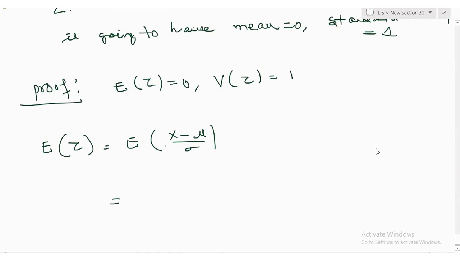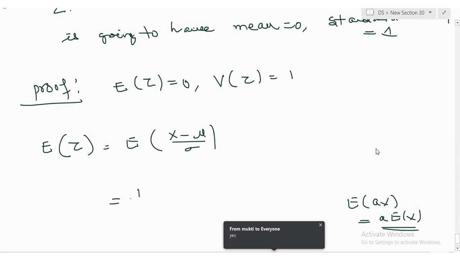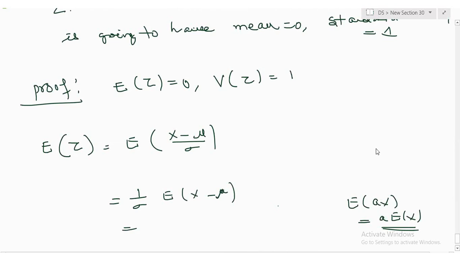So, what is this formula? E of Ax equals A times E of x. Can I take this A out? Agreed or not? So can I take this sigma out? Okay. 1 by sigma out, and E of x minus mu. Can I distribute this E inside? Because E of x plus y equals E of x plus E of y.